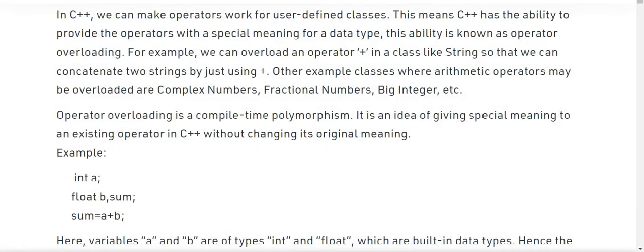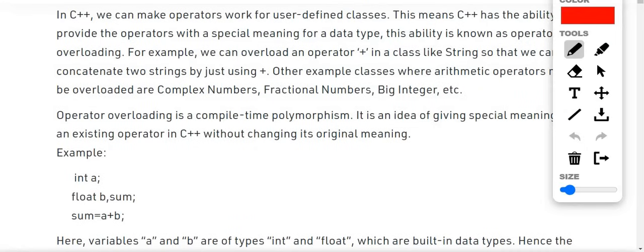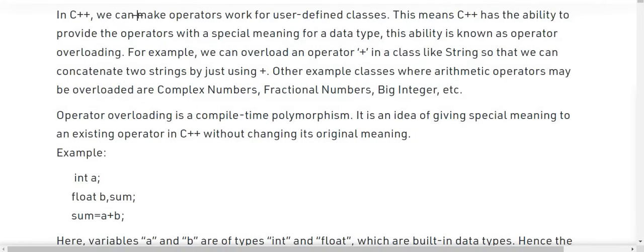Now let's see how operator overloading works in C++. In C++ we can make operators work for user defined classes. This means C++ has the ability to provide the operators with a special meaning for a data type.